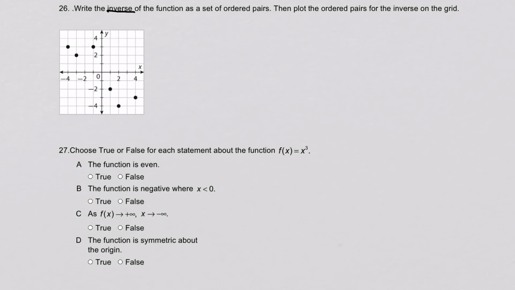So what I'm going to do first is write these set of points in a table. Not the inverse points, but just these points that they gave me. Each one of these points has an x and a y coordinate, so I'm just going to put them all in a table. Start with this one right here. That would be -4, +3, right? Then this one right here is -3, +2.